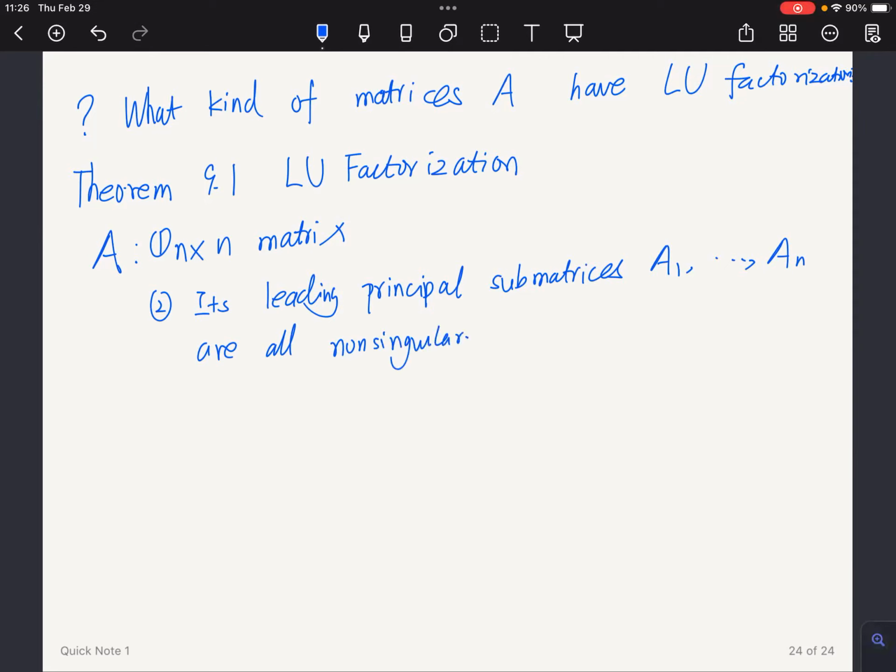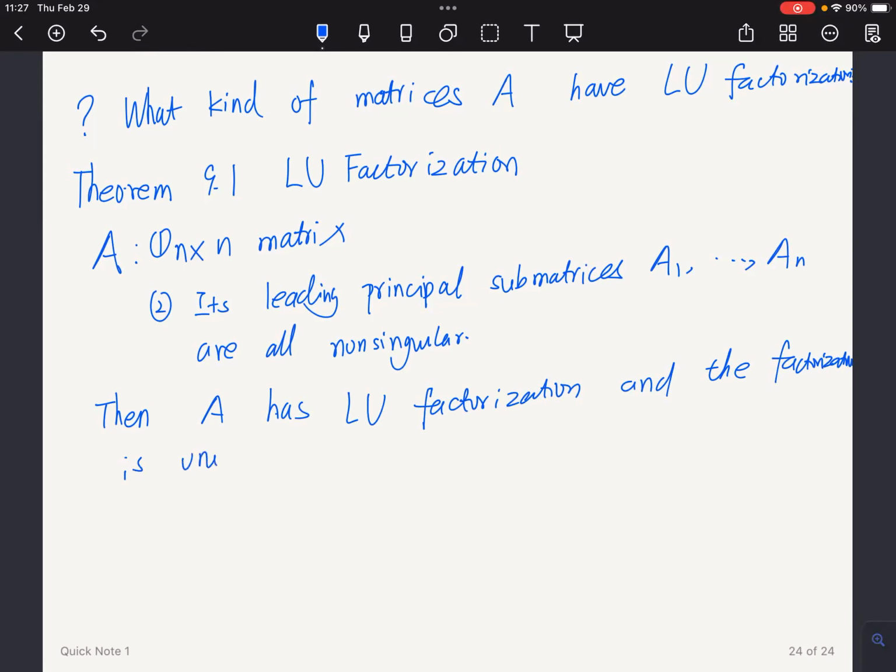That's the requirement for A, and that's it. For such an A, A has an LU factorization, and the factorization is unique. This is the requirement for the matrix A.